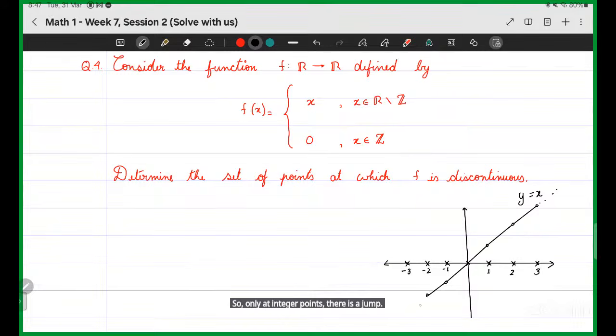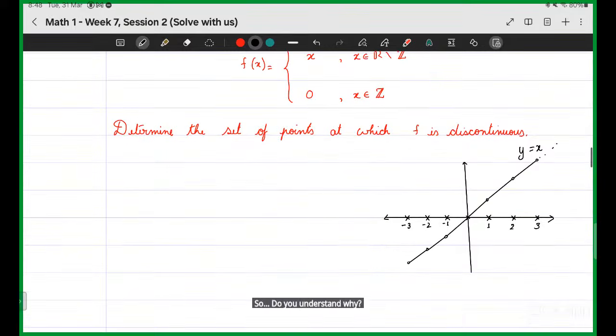At all integer points except 0, because at 0, coincidentally, the jump is also 0. So do you understand why this is happening?